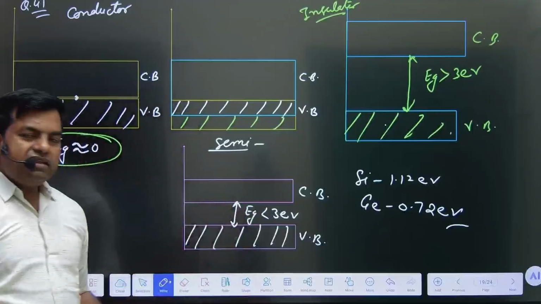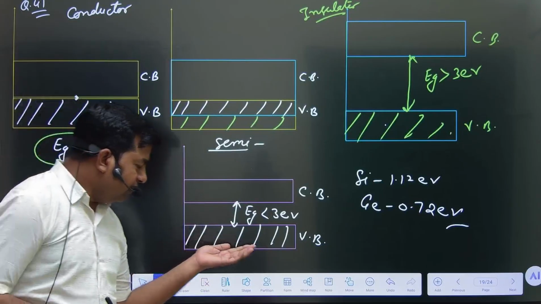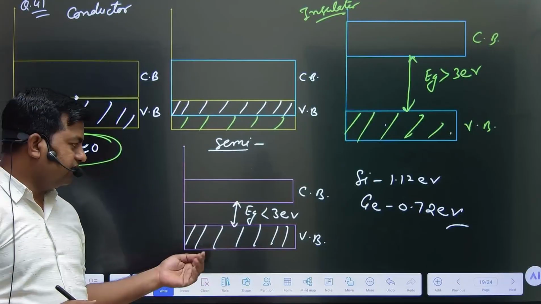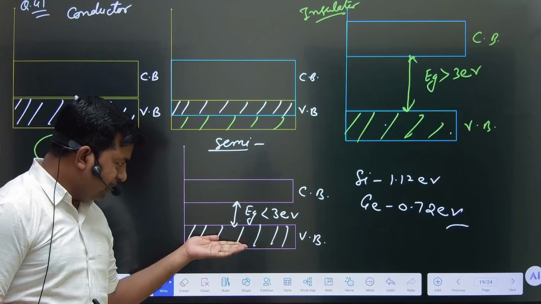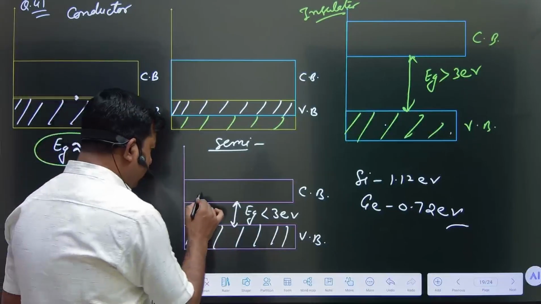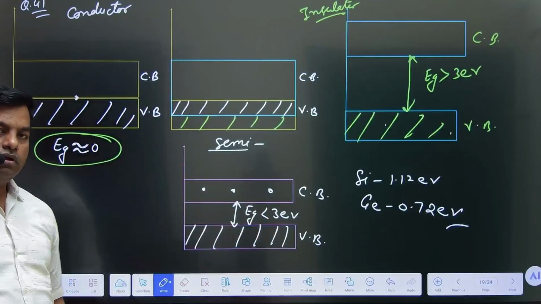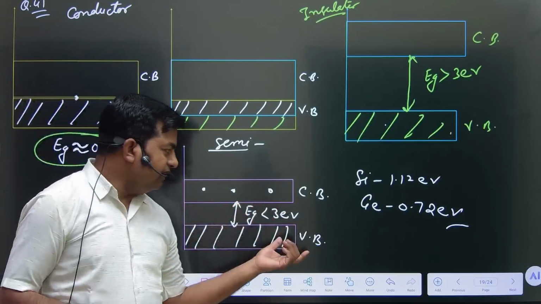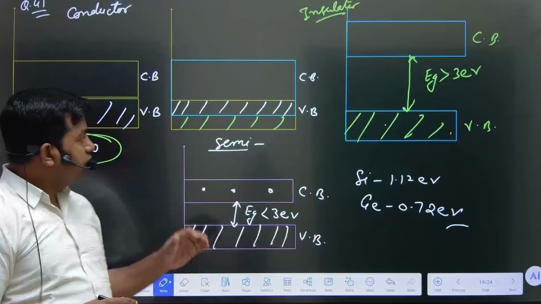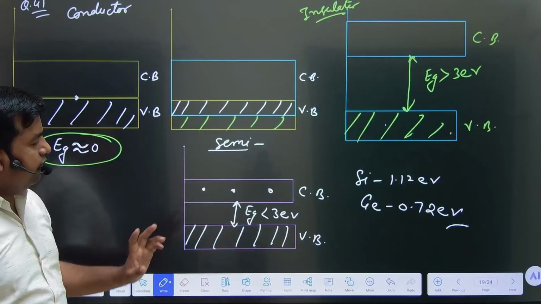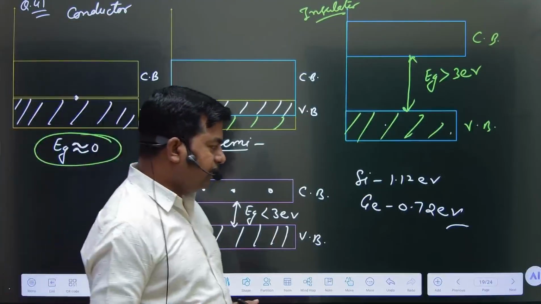Whenever energy is given to these electrons from an external source, they easily move from the valence band to the conduction band, where they behave like free electrons. Whenever an electric field is applied, they conduct electric current. So these are the classifications of conductor, insulator and semiconductor on the basis of band theory.